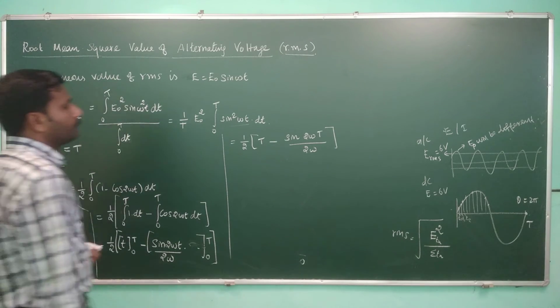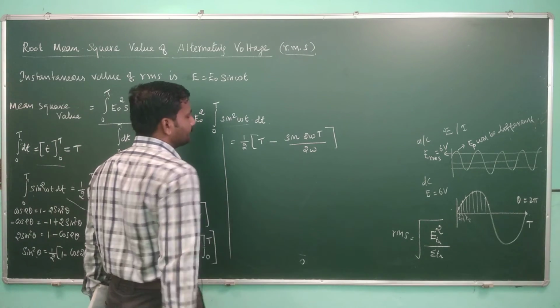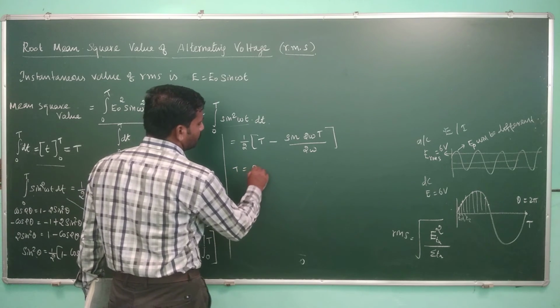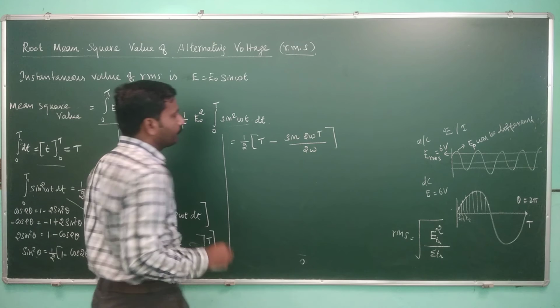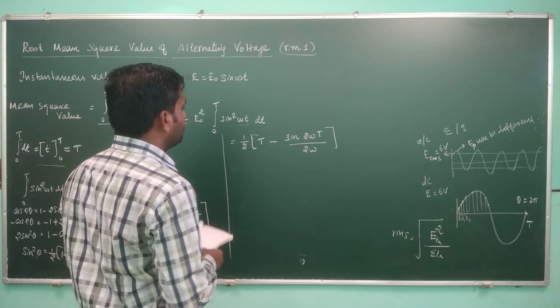All right. Now what is T? We said T is equal to 2 pi.